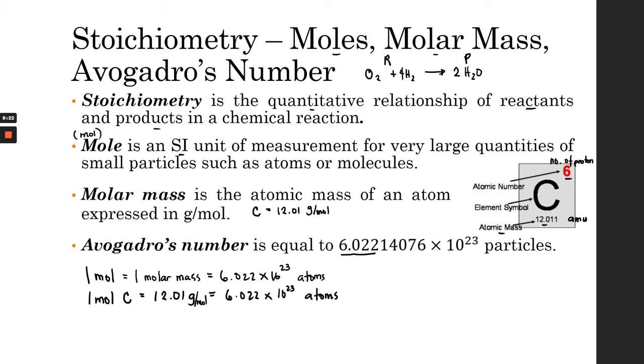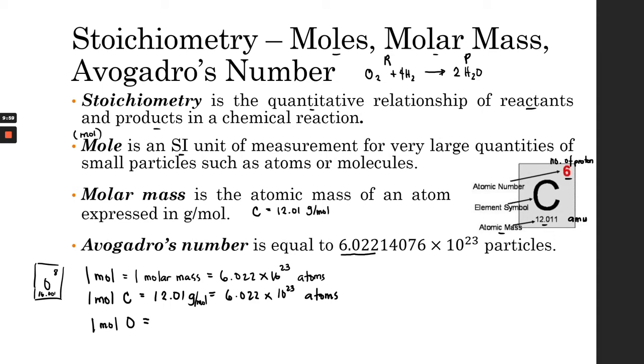Interestingly, if we look at 1 mole of oxygen, if you look at the table, oxygen has 8 protons, and its atomic mass is about 16.00. So the atomic mass of oxygen is equal to 16.00.